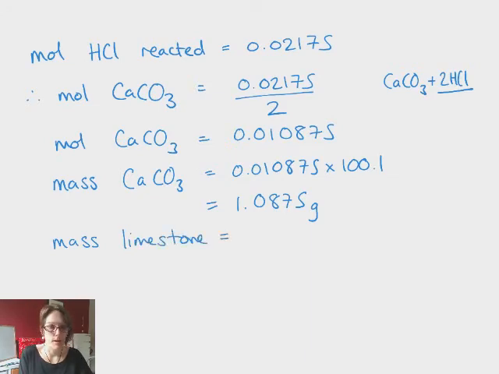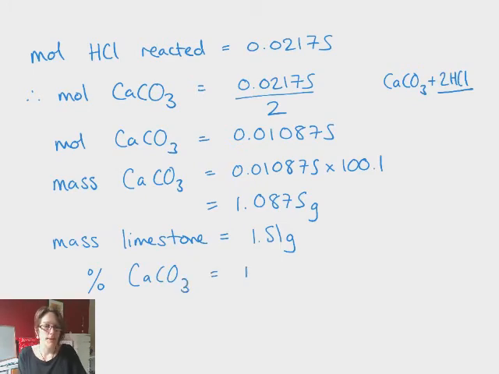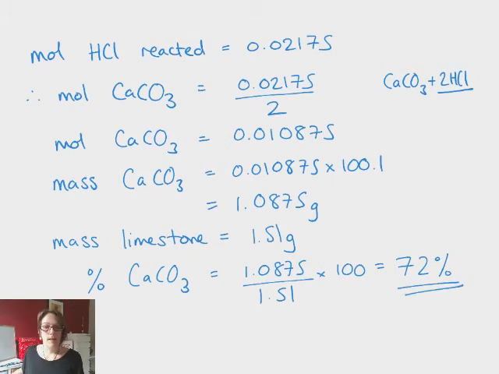So the limestone sample that we had at the start of the question was 1.51 grams. So that means my percentage calcium carbonate is going to be the mass of calcium carbonate that I've got divided by the mass of the whole limestone sample times 100 to make it a percentage, and I get 72% as my final answer.